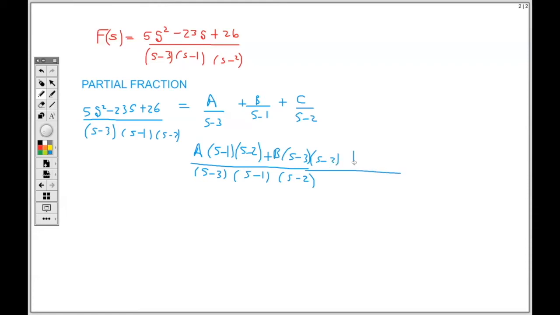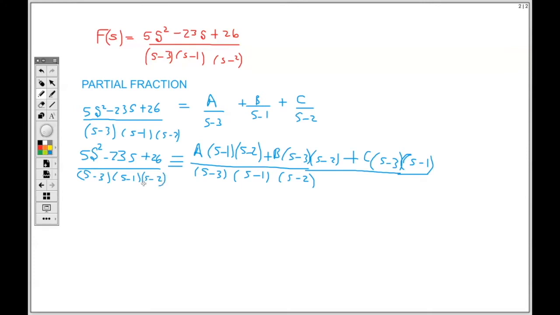Finally, s minus 2 into all of what I have here, the s minus 2 cancel. So what I have remaining, I multiply by c. So I have s minus 3 times s minus 1 multiplied by c.